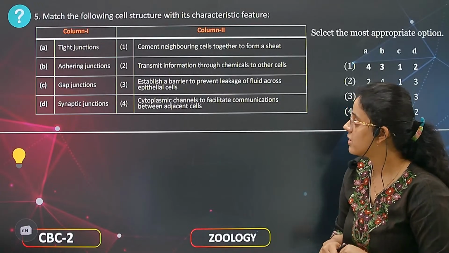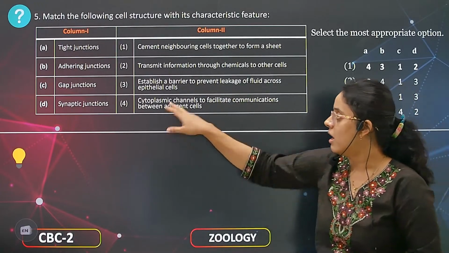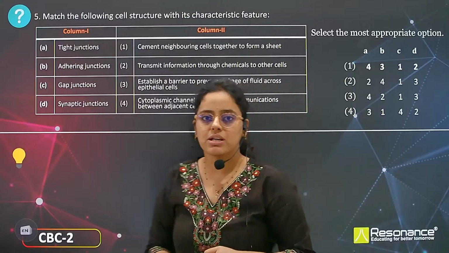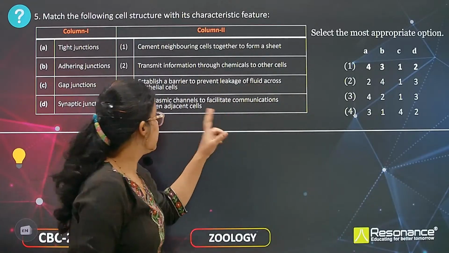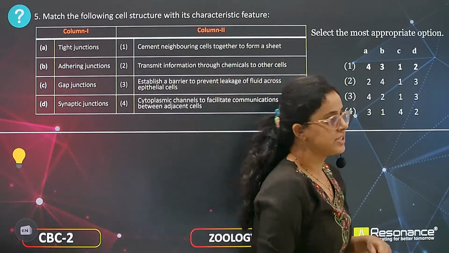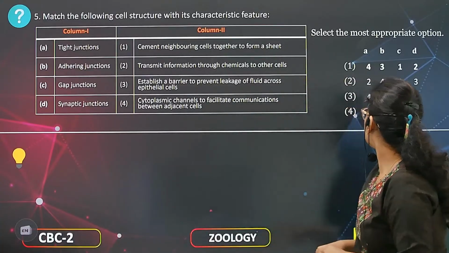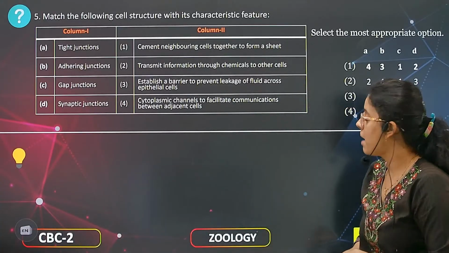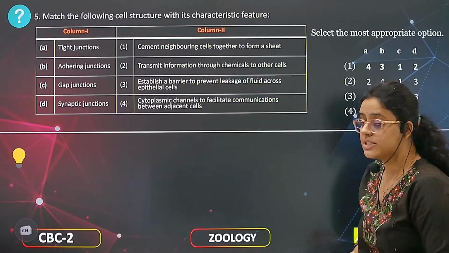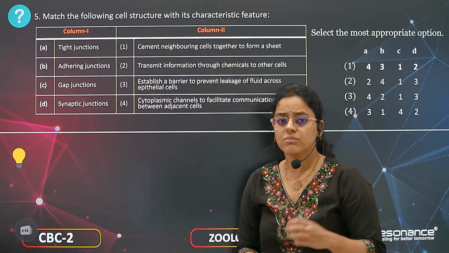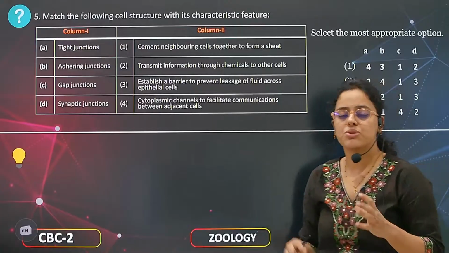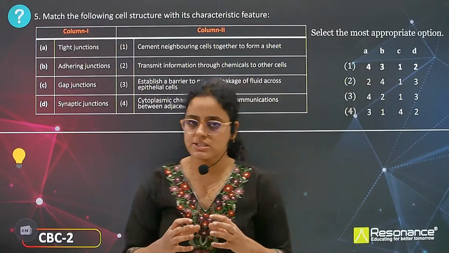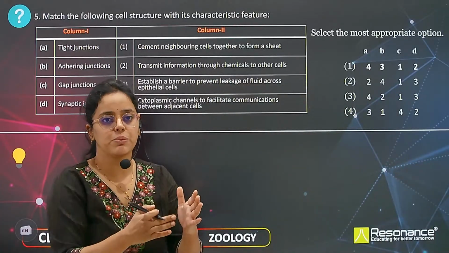Adhering junctions cement neighboring cells together to form a sheet-like structure. Gap junctions have cytoplasmic channels to facilitate communication between two cells. Now, synaptic junctions. What is the role of synapses? As I have told you, a synapse is formed between two cells, and they have some space between them.